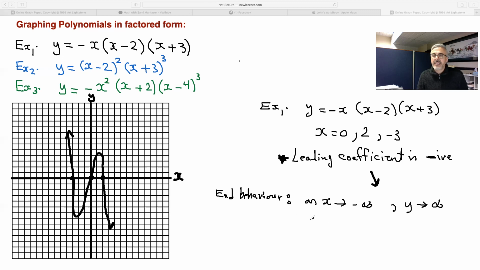And as x goes to infinity, meaning as you're moving to the right, you see we're heading down to negative infinity. And that's your end behavior. So this is it for this question. I'm just going to erase it and move on to the second question.